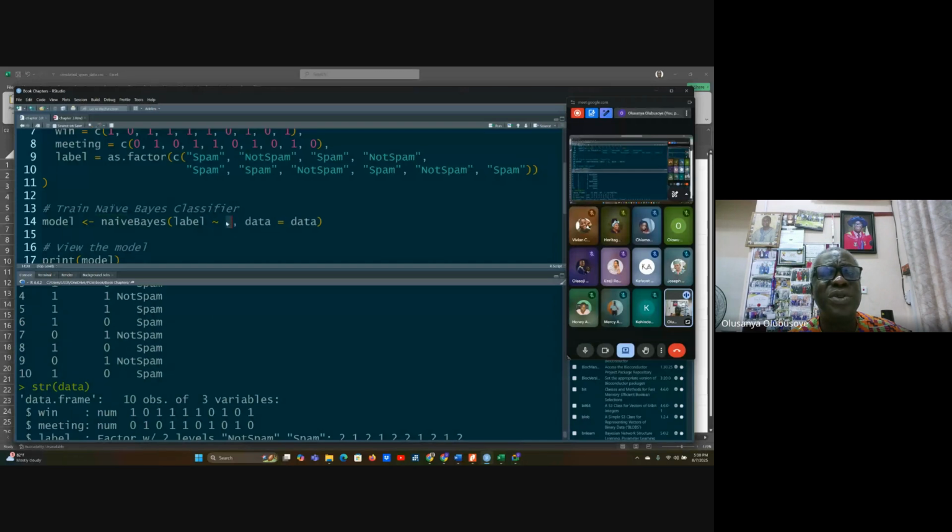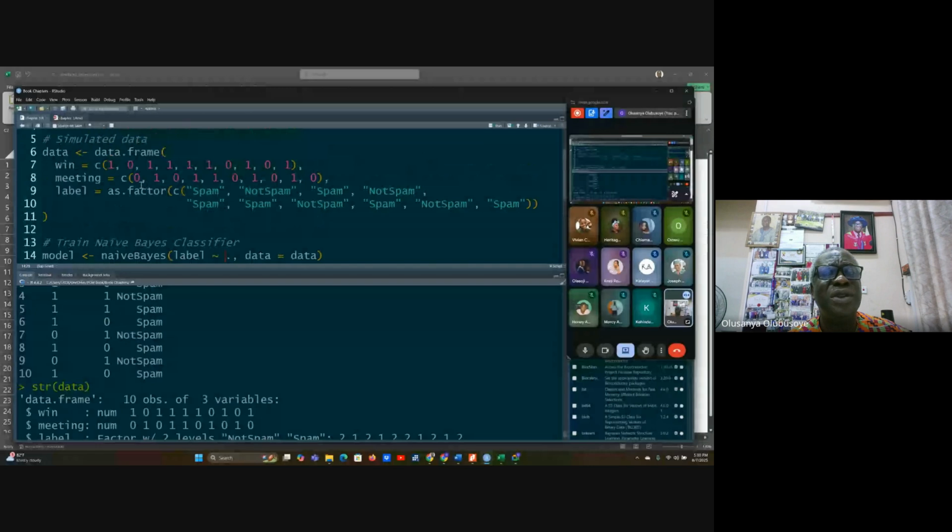When you put dot here, it means instead of writing when plus meeting, I could as well just put those variables. There are only two of them, but when there are many, instead of typing all of them, we usually put dot. So dot there implies that use all the other features.